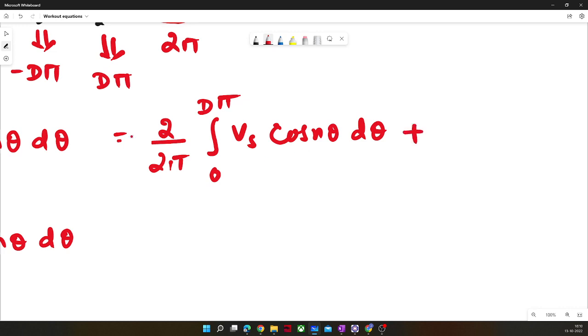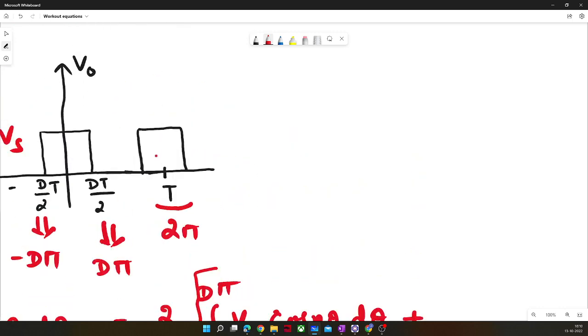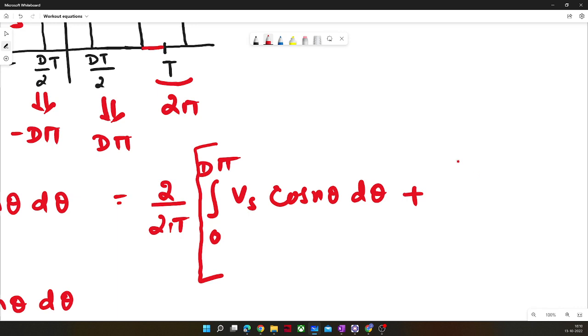Plus, since we are talking for the entire period, 0 to 2 pi, this waveform lies for some more period. This is also a period of d pi by 2. So we can also take that into account.